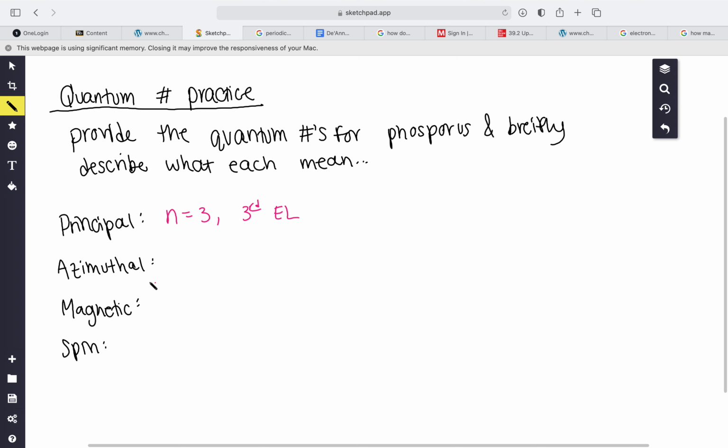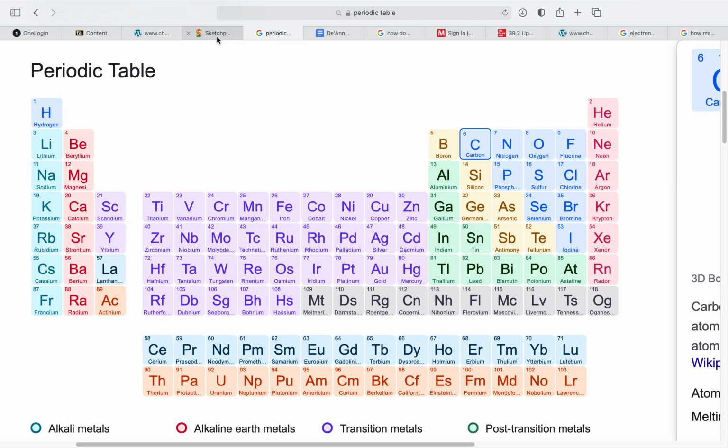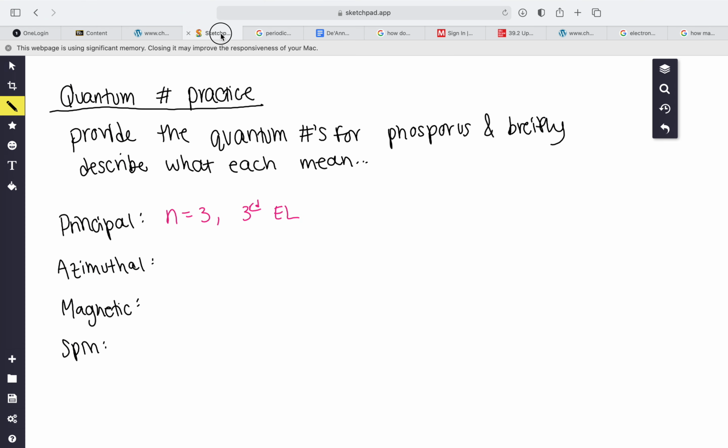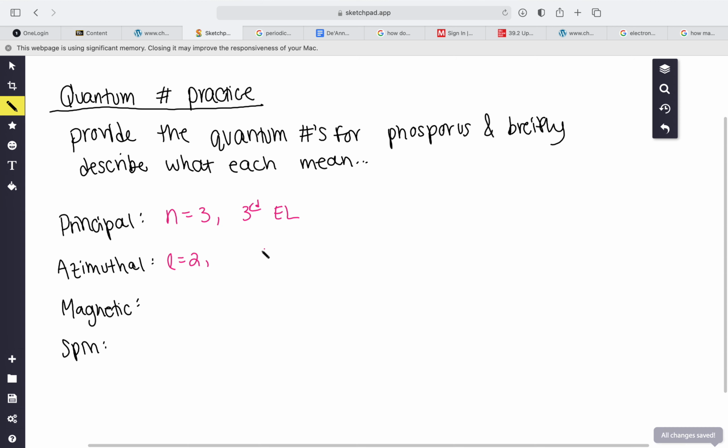Okay, and then the next one, also, I totally wrote that wrong. It's definitely something else, but whatever. So that is N-1, so L is equal to 2. And this tells us the orbital.